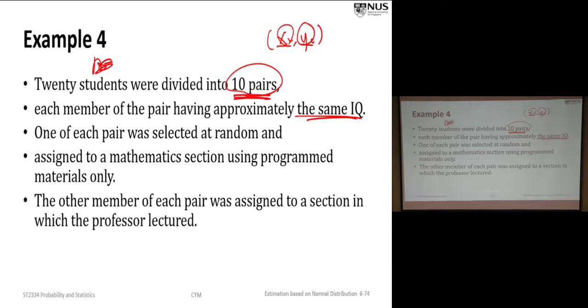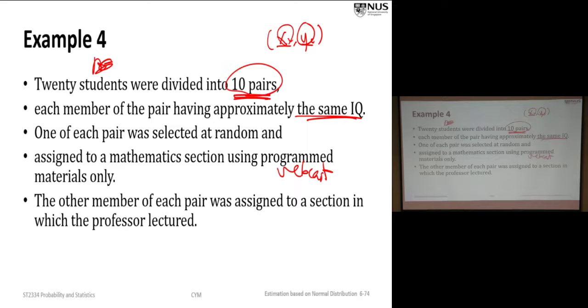So basically, we are looking at the results of going for a structured, programmed material. This is one way of teaching. The other one is going for physical lectures. We can think of this as a webcast. This one is the really physical lecture.